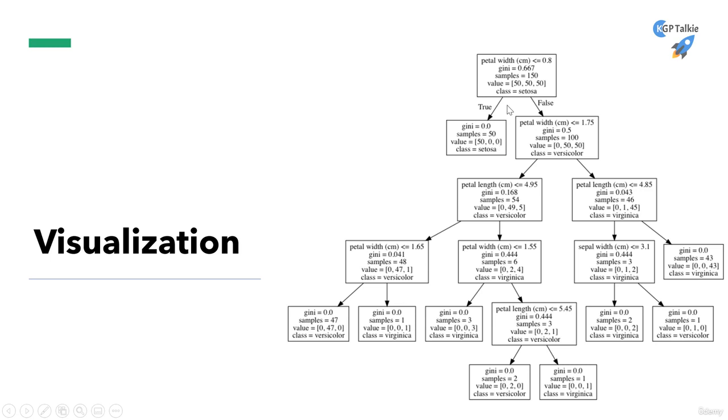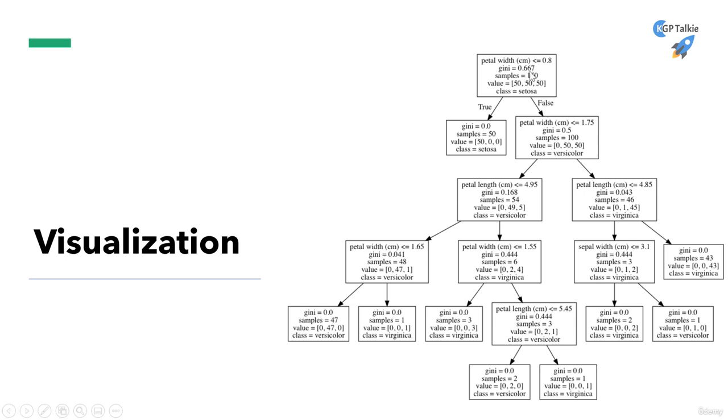And if it is not Setosa, then it could be versicolor or virginica. At this point, it will ask which one it is, whether it is versicolor. If you see, consistently this Gini index is decreasing.